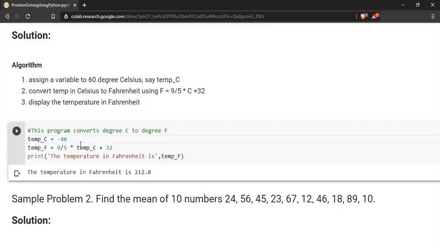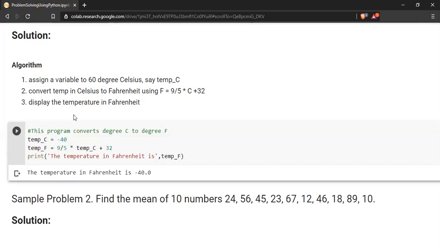So in this value, I will be using -40. -40 is the value where temperature in Celsius equals temperature in Fahrenheit. Let's try. If I'm going to use -40 here, what will be the result? The result will also be -40 because that is the value of the temperature where your Celsius and Fahrenheit will be equal.